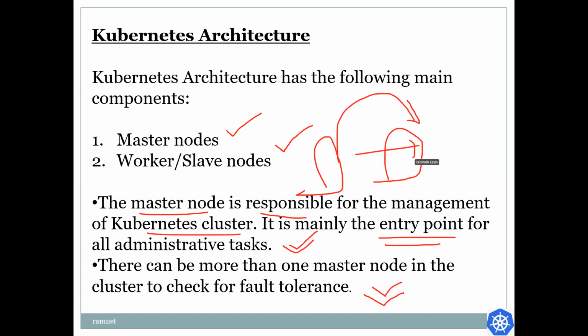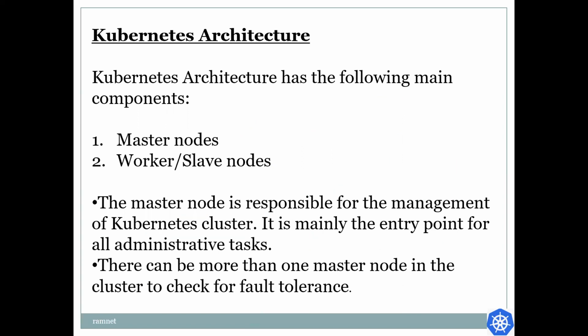So mainly for fault tolerance we can create an HA, high availability, architecture. For that, we require some heavy hardware, but that is a different issue. It supports multiple master nodes in one Kubernetes environment. Next.